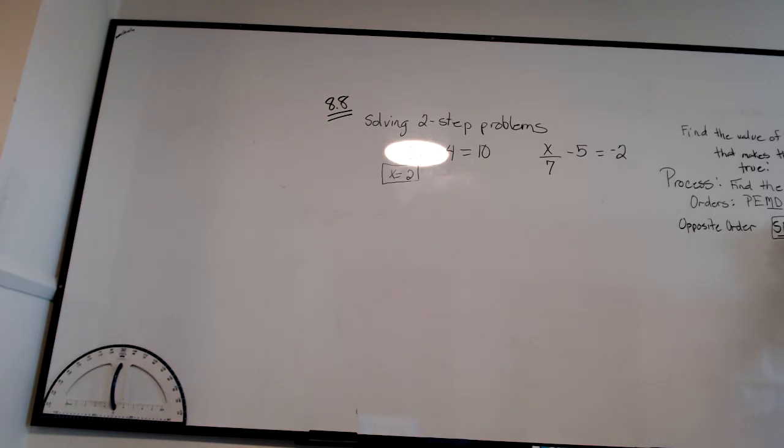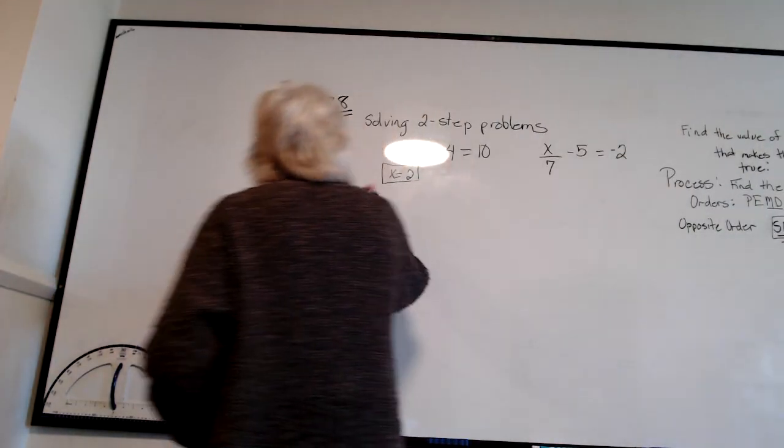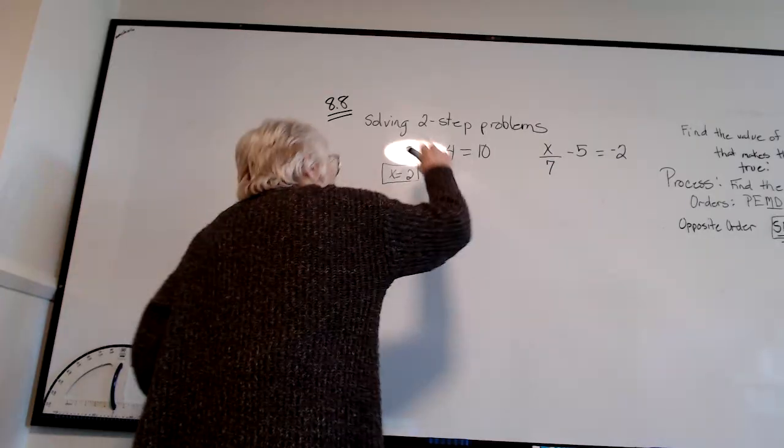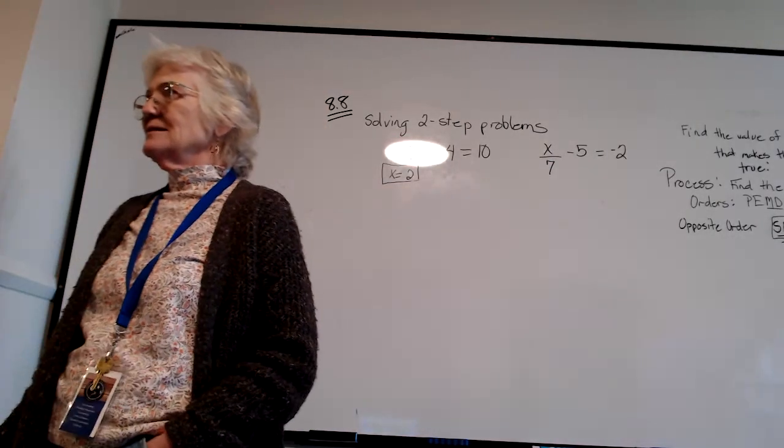Then you're going to use division and multiplication. We are not going to get to the others right now; we're going to concentrate on these two at this point. So we're going to do our addition and subtraction first, and the multiplication and division after that, when we're undoing the equation and trying to get x by itself. Because when we get x by itself, then we know what x is.